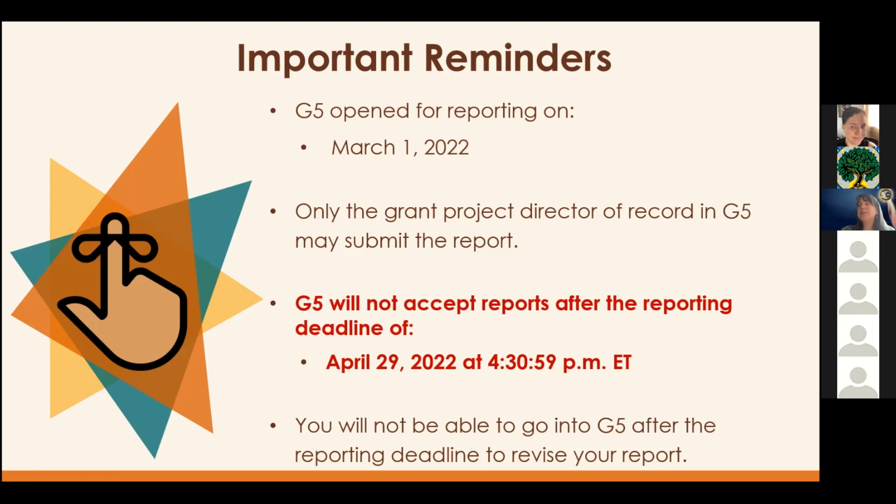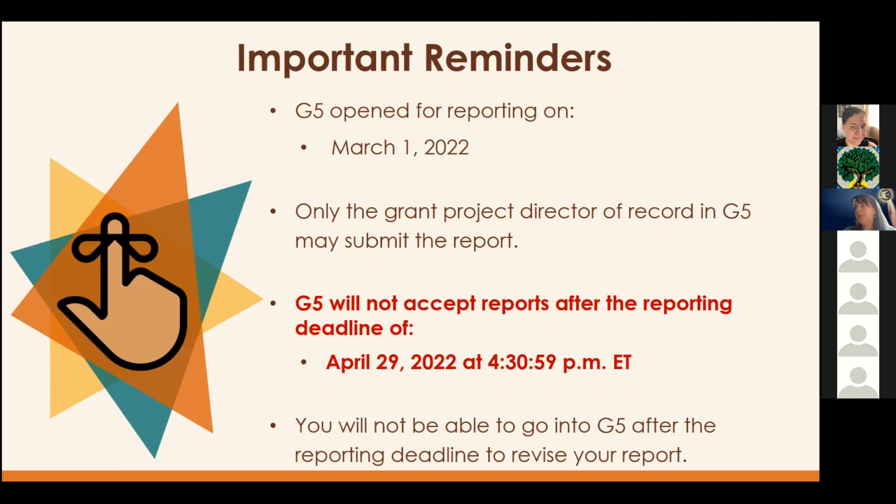That date in red is correct, that your APR deadline is April 29th of this year, 4:30, and not a second later. But I know you're all going to get them in way ahead of that deadline.